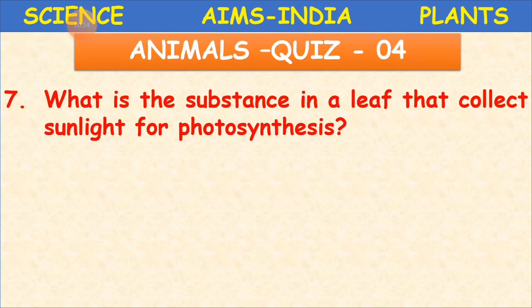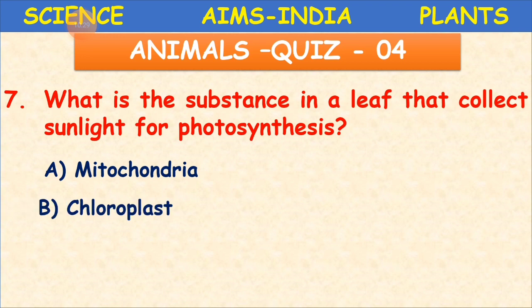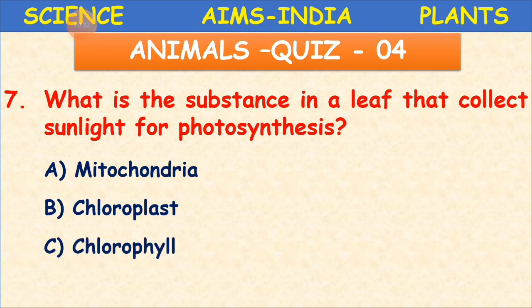What is the substance in a leaf that collects sunlight for photosynthesis? The options are A mitochondria, B chloroplast, C chlorophyll and D transpiration.